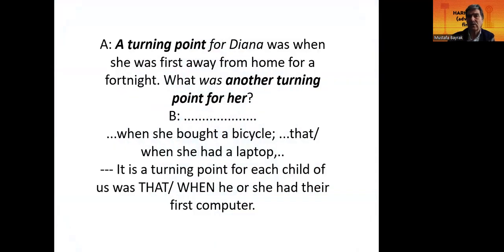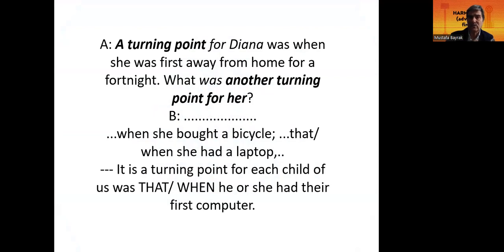A turning point for Diana was when she was first away from home for a fortnight. What was another turning point for her? Yes, this is interesting. When she bought a bicycle, this is the subject, okay? When she bought a bicycle was, or that she bought a bicycle was another turning point for her.